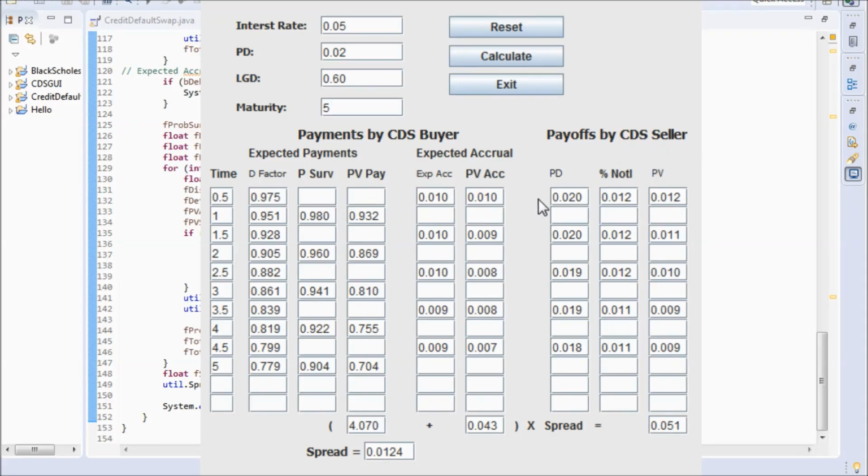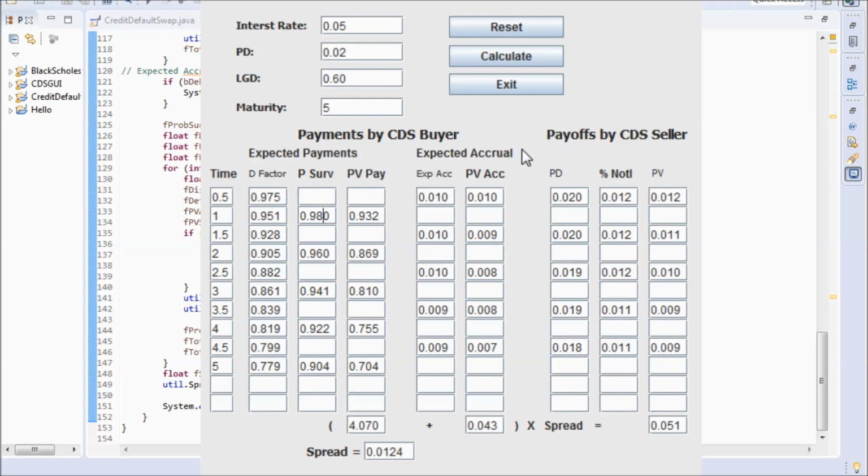First, we calculate the probability of default, and then we calculate the percentage of notional by multiplying probability of default times the loss given default, and then we use the discount factor to calculate the PV. The PV is shown in this column, and after we sum it up, it shows this amount.